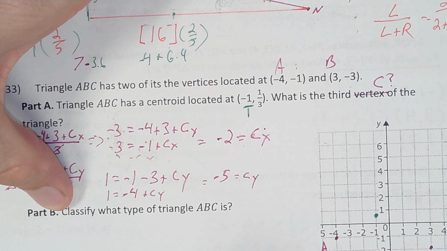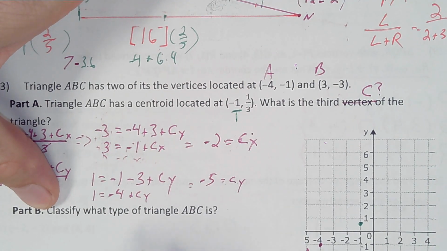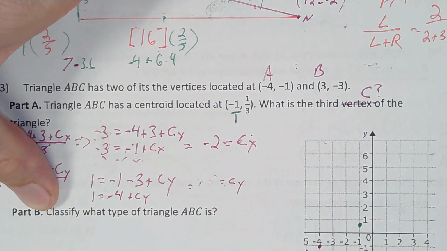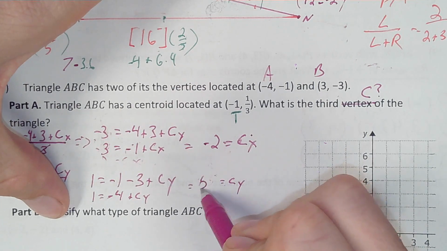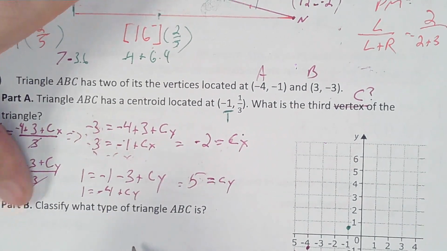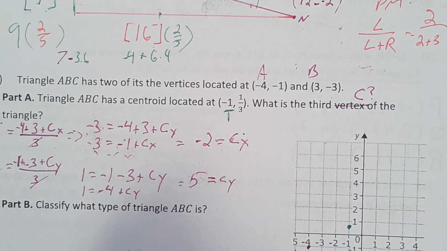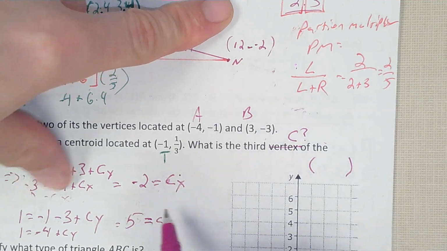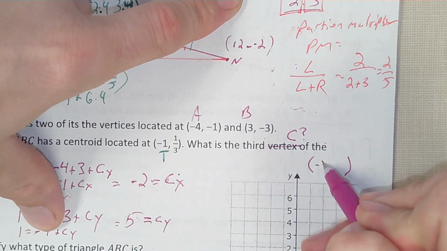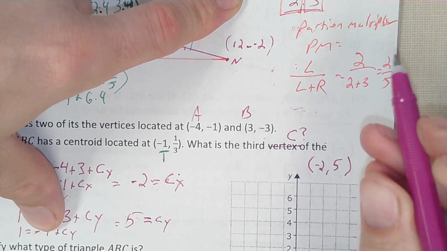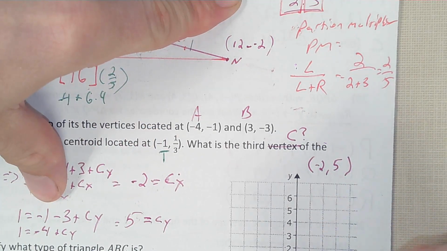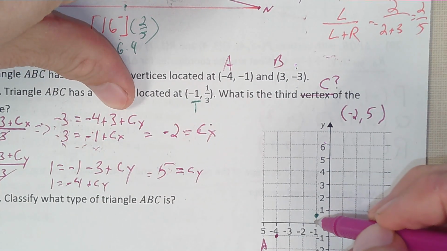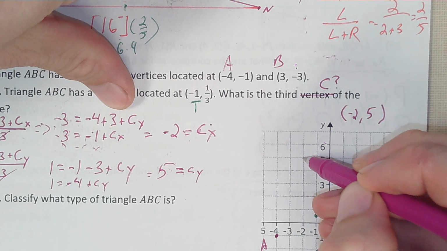Oh wait, 5 equals cy. I bring it over there. Gotta add 4 to both sides. So our point value for C is negative 2 comma 5. Anyway, negative 2 is my x, and 5 is my y.